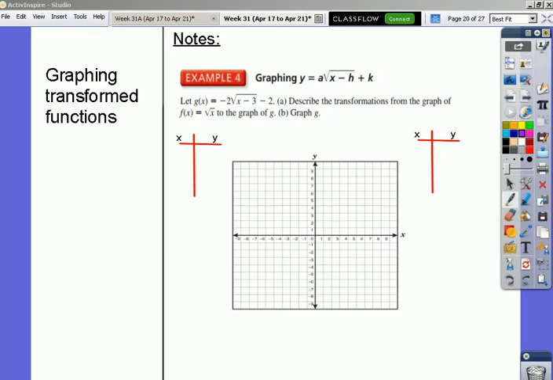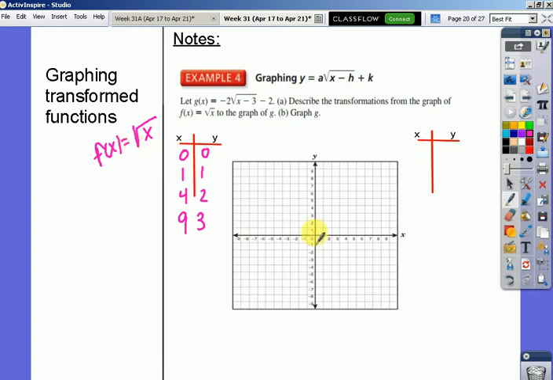Square root function. I'm going to compare it to my parent function. So I'm just going to plot the same points that I did in the last slide. 0, 1, 4, 9, 0, 1, 2, 3. So my parent function, f of x equals the square root of x.